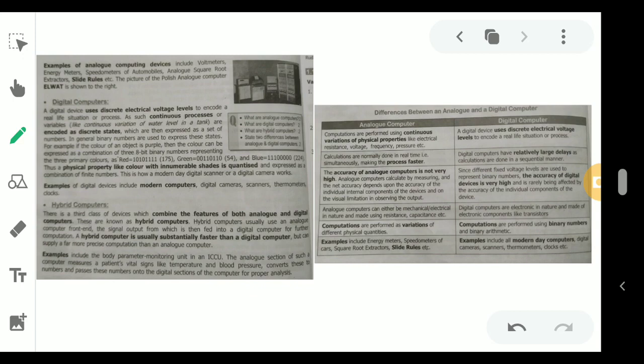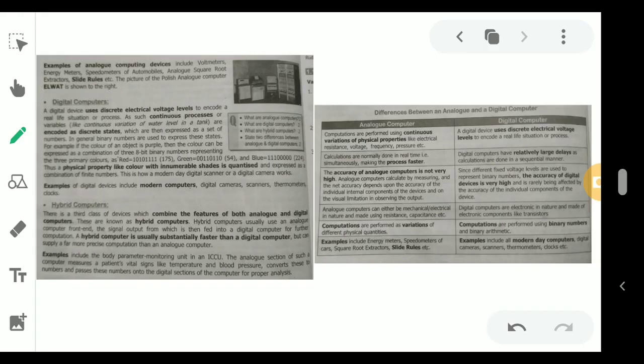Front end means whatever is in a visible way. The signal output from it is then fed into the digital computer for further computation. The hybrid computer is usually substantially faster than the digital computer, but can supply far more precise computation than the analog computer. An example is body parameter monitoring in ICCU.